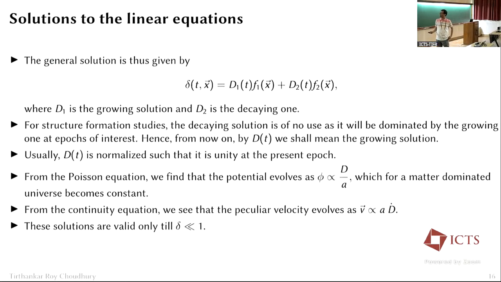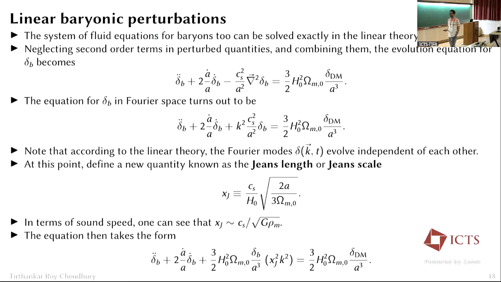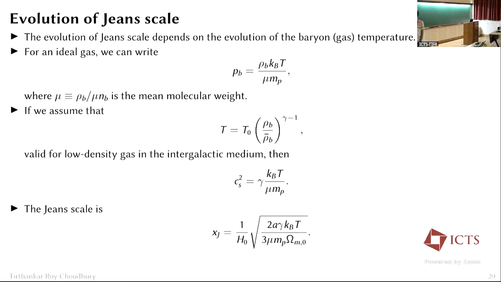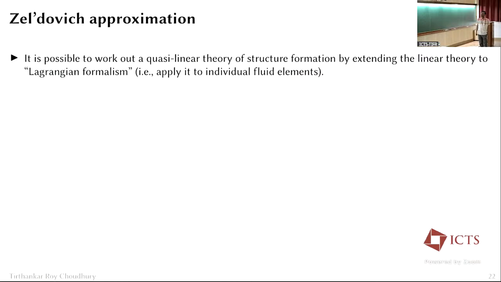So what we did so far is linear theory, and if you want to go to nonlinear, it becomes quite complicated, even the equations. It's not very straightforward. What you can still do is something between linear and nonlinear, and that also gives you some idea about what happens if we go beyond linear theory.